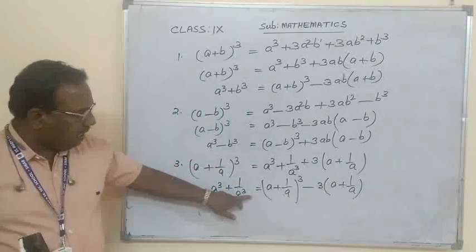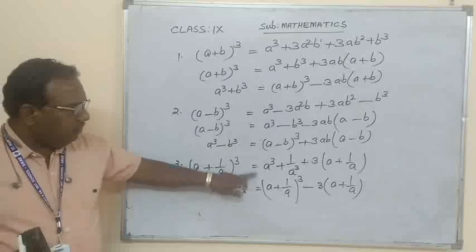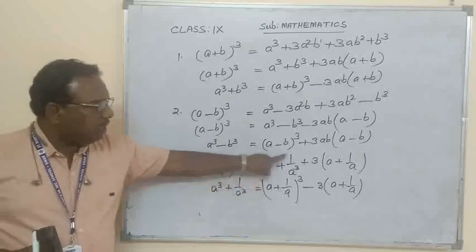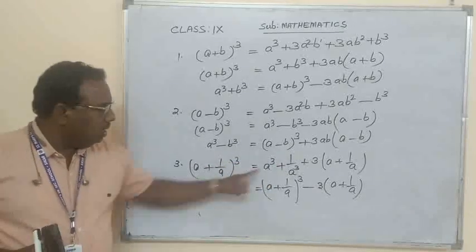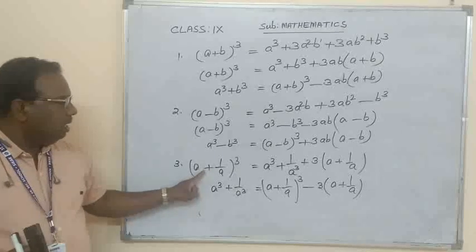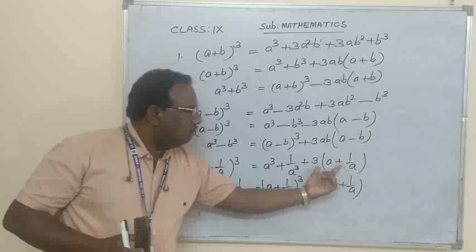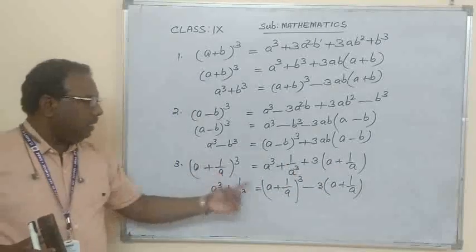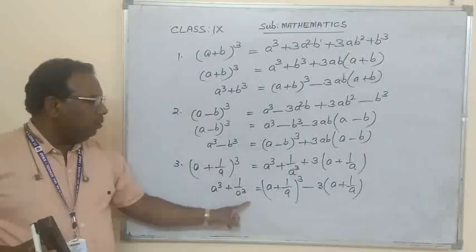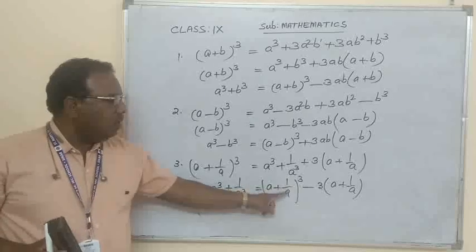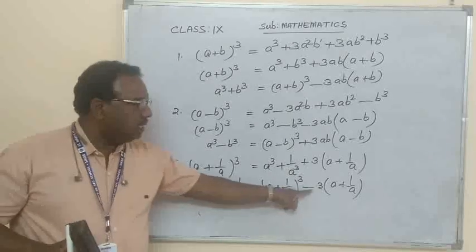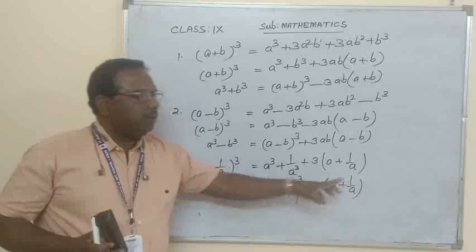We derive this second result from the first one. Taking this term to the LHS, we get a cube plus 1 by a cube is equal to (a plus 1 by a) whole cube minus 3 into (a plus 1 by a).